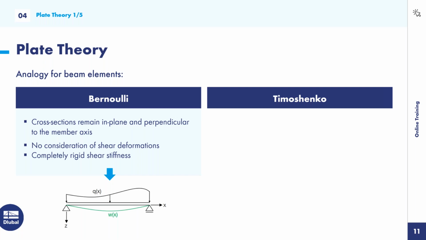First, that the cross section remains in plane and also perpendicular to the member axes. And the second assumption is that we do not consider any shear deformations. What this means is that the shear stiffness of the beam is completely rigid. So those are the assumptions made with Bernoulli's theory, and this is what you're probably familiar with when doing hand calculations.